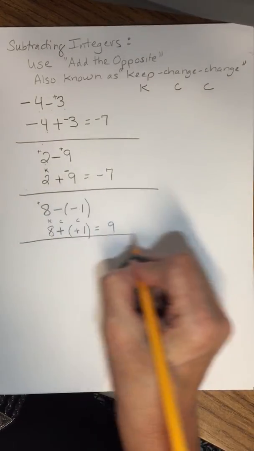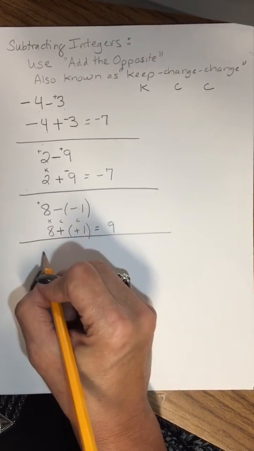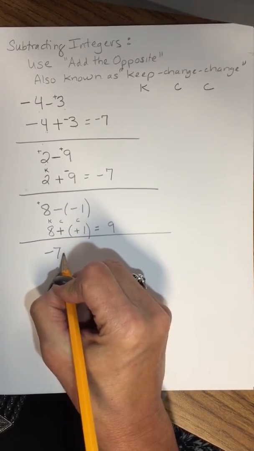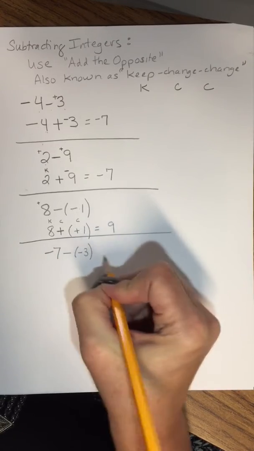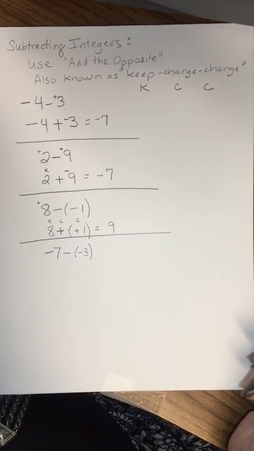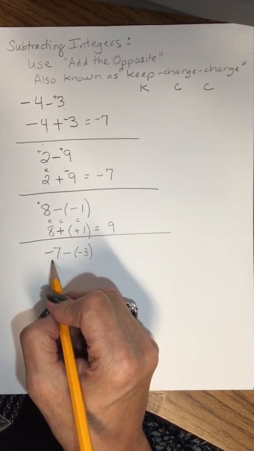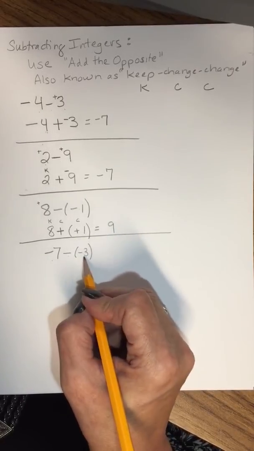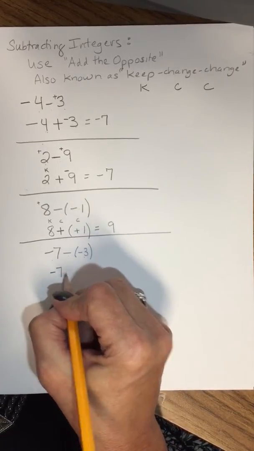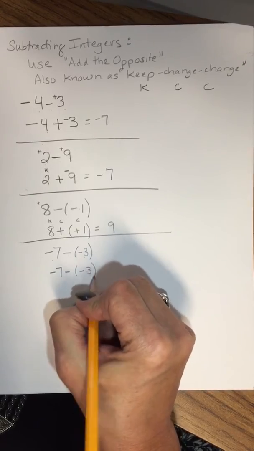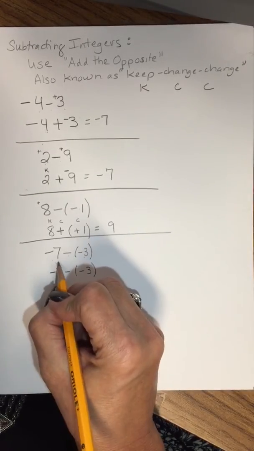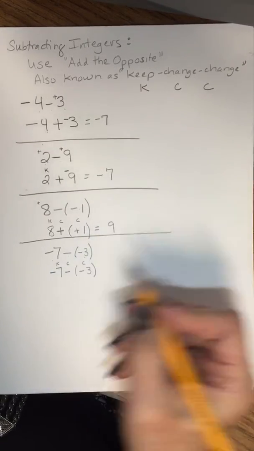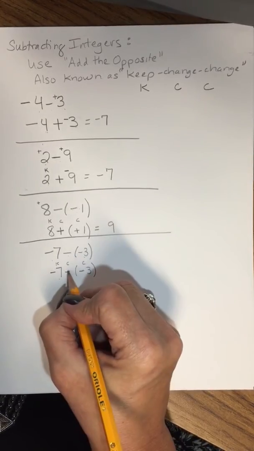Let's look at one more example. The example is -7 minus -3. All right, so our first number is negative. It is subtraction, and our second number is negative. We rewrite the expression. We're going to do keep, change, change. We keep the -7.